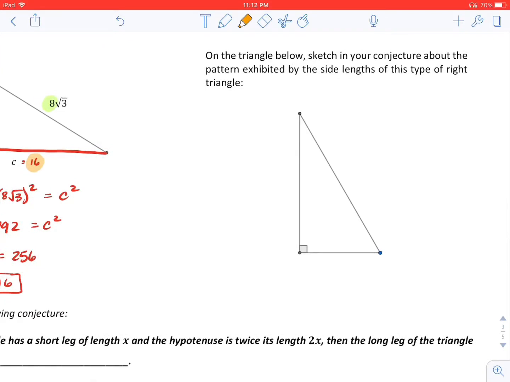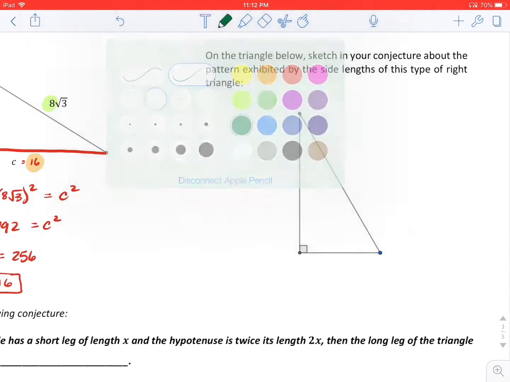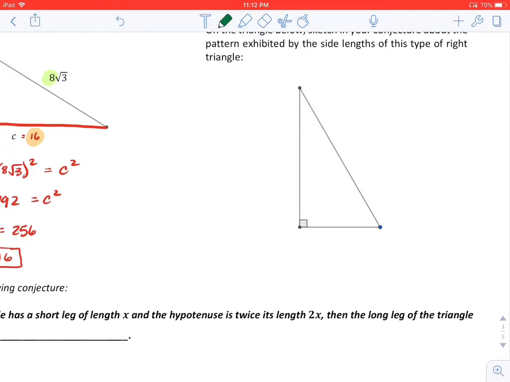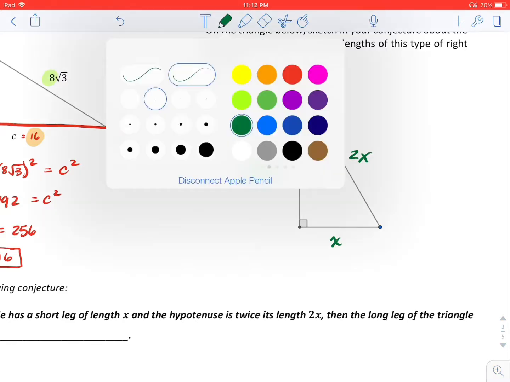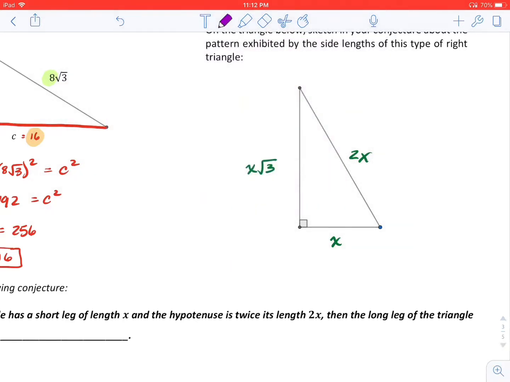So on the pattern exhibited, it seems as though the relationship is, if I call the short leg x, then x times the square root of 3 would be the long leg, and 2x would be the hypotenuse. Now, we're not certain about that, but we can use the converse Pythagorean theorem to tell us whether or not that's true.